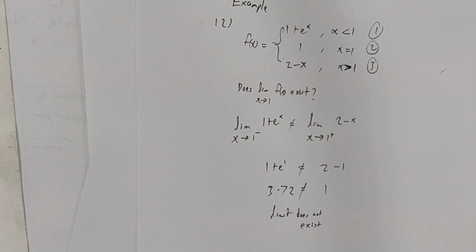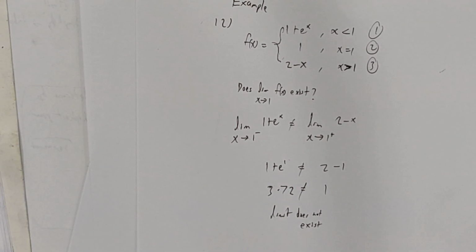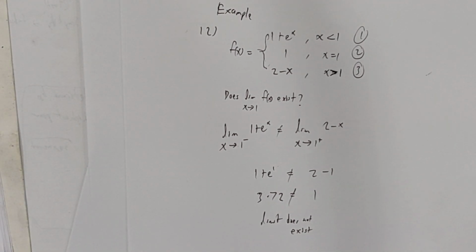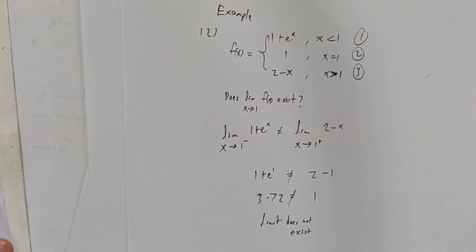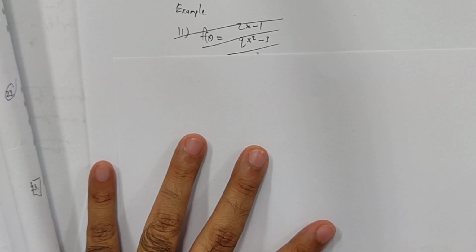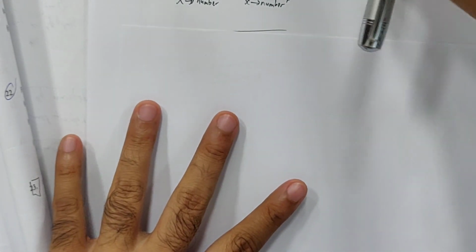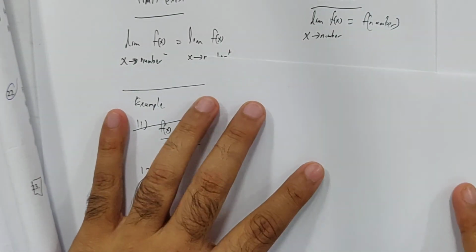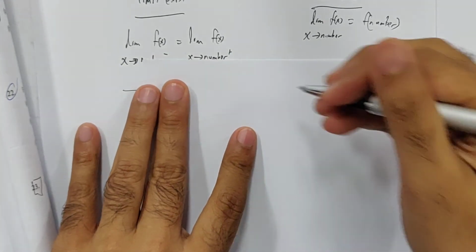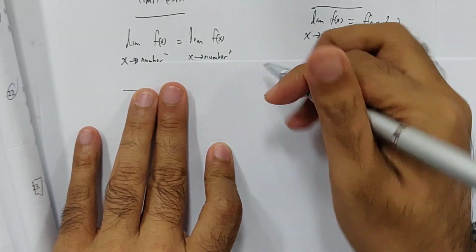Okay, so let's have another example on continuous. Our next example is for continuous. I'll choose 17a past year.